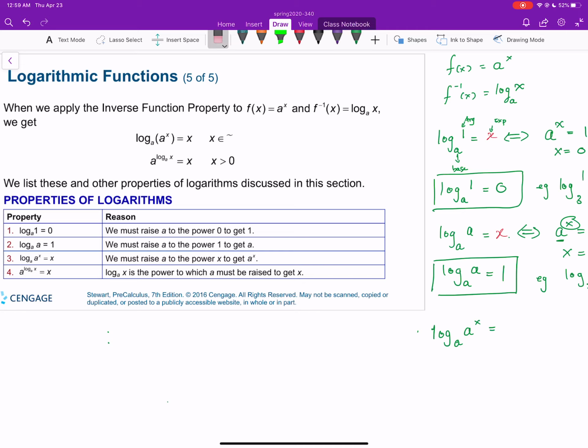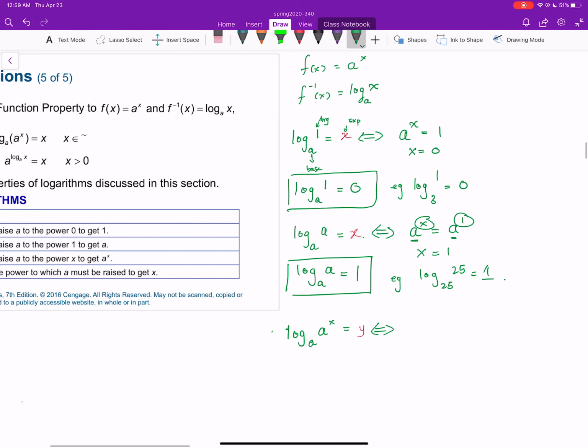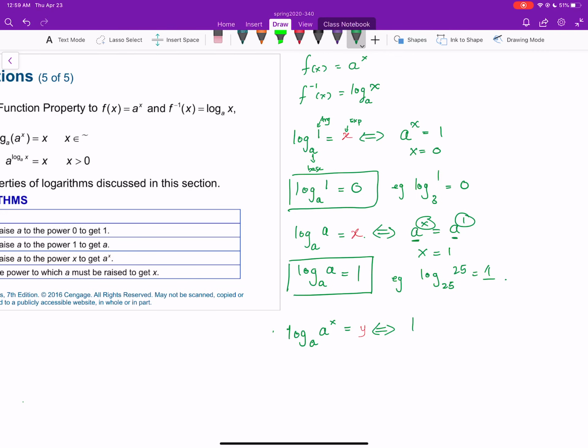So again, if I take away this x, we know that every log expression returns us back an exponent. So this is y, because I already used x. This is the same as a raised to the y is equal to a to the x, if I convert it back to an exponential form.